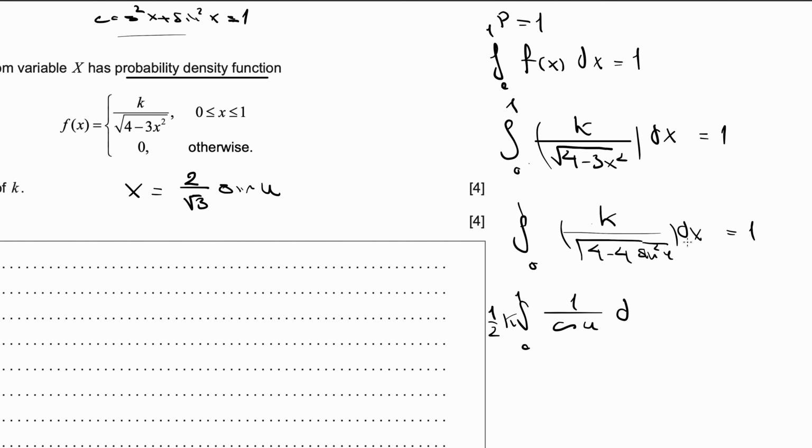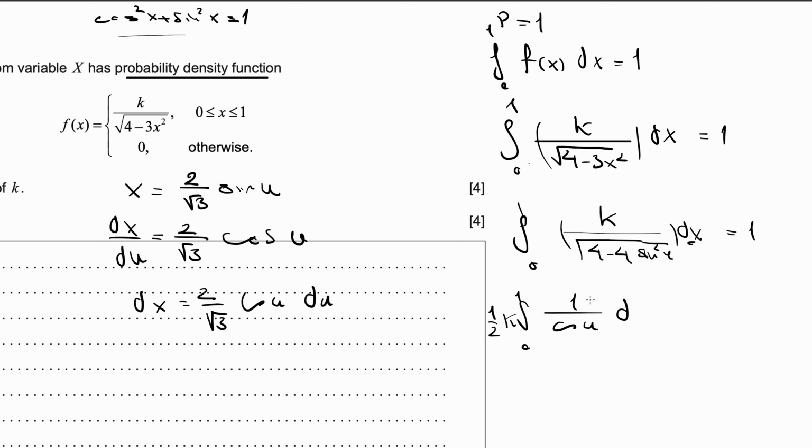Okay, so we have to get rid of dx. If we take the derivative of this, dx over du is 2 over radical 3 cosine of u, right? So dx will equal 2 over radical 3 cosine of u du.